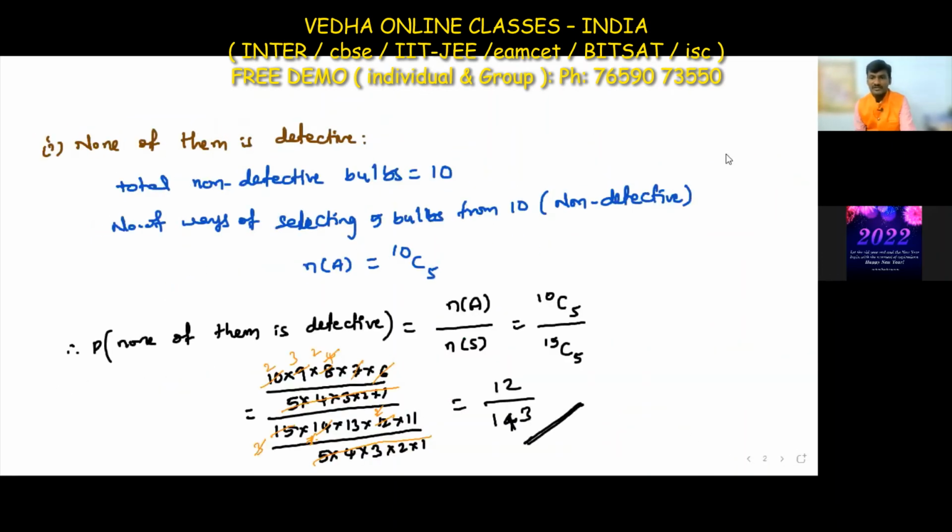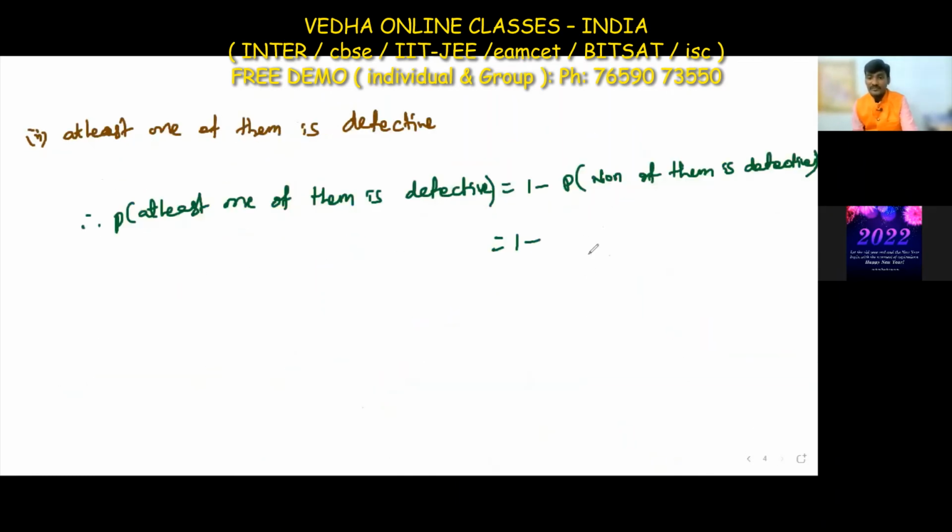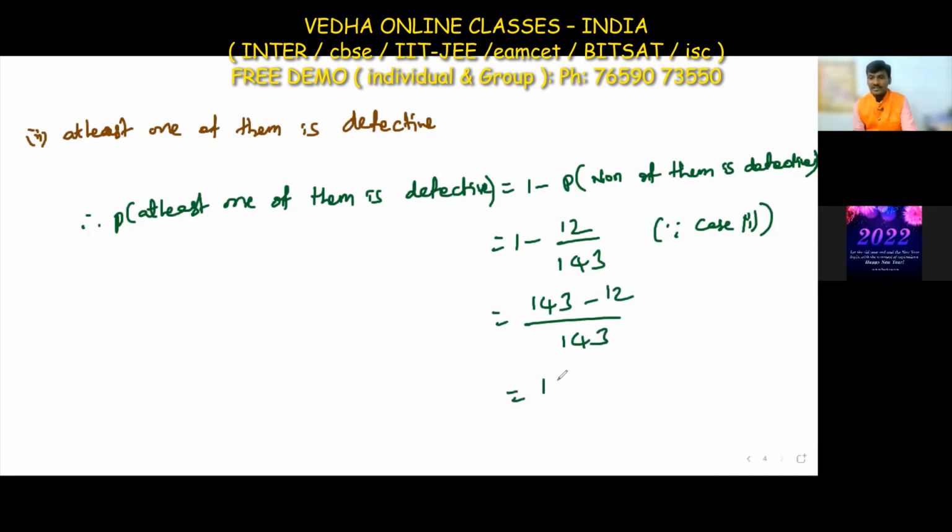None of them is defective in the first one, that is 12 divided by 143. So this is from case 1 we took. Okay, so take LCM. 143 is LCM, so 143 minus 12. That means 131 divided by 143.